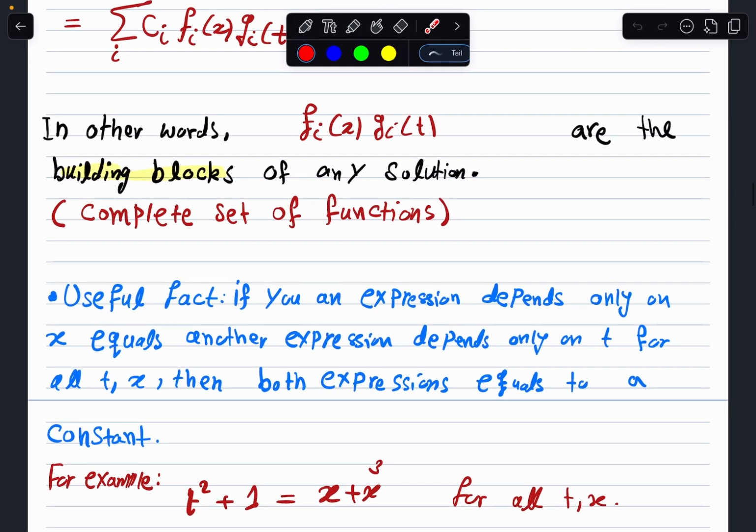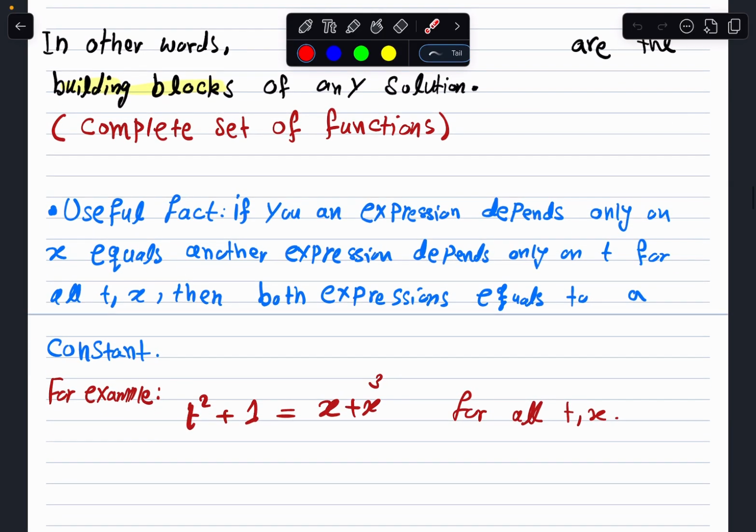Okay, this is an example. So I have an expression that depends only on x, and I have another expression which depends only on t. Then according to this fact, both must equal some constant. Now we can see that very clearly.